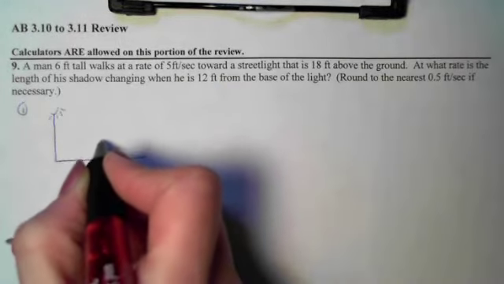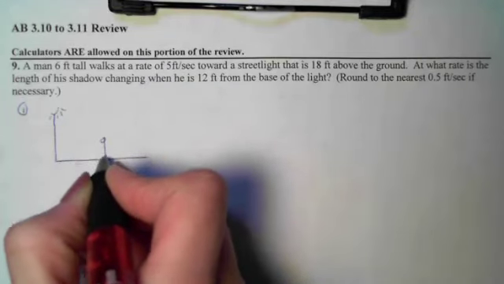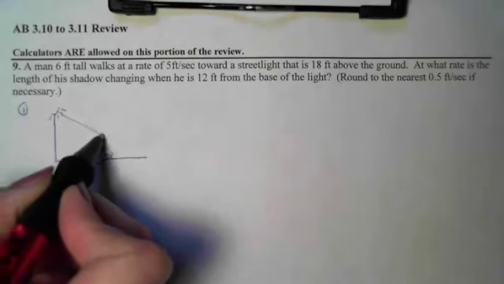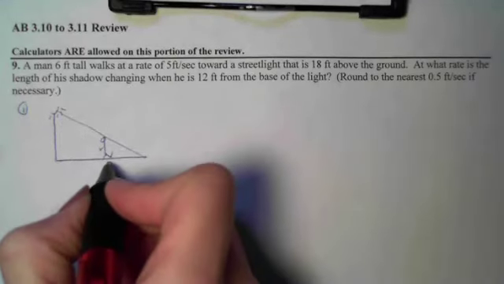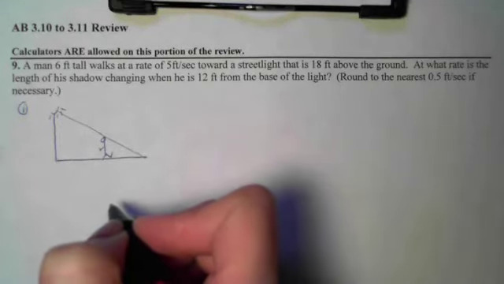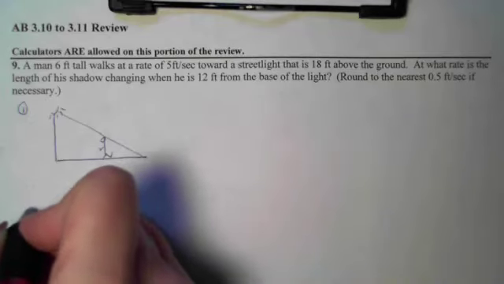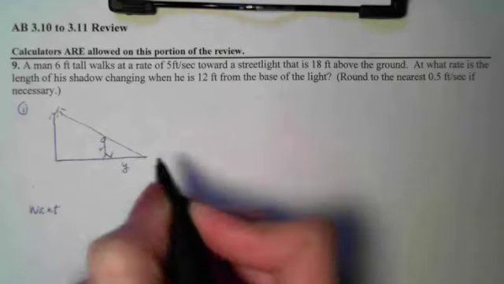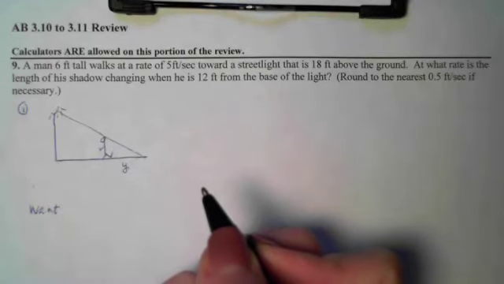And then we have a man who is walking toward that street lamp. And as he walks, he's going to generate a shadow. So we're interested in the rate at which his shadow's length is changing. So I'm going to put a variable for that shadow's length.